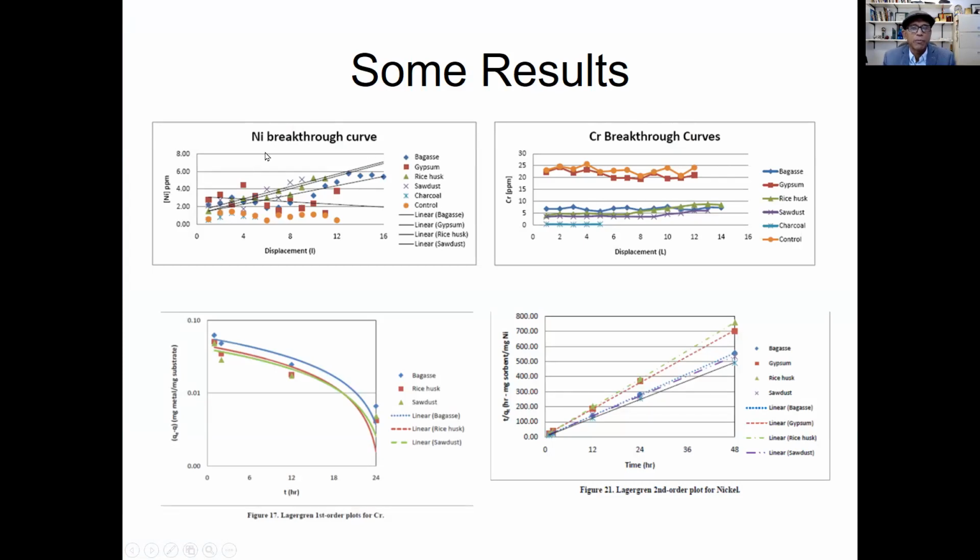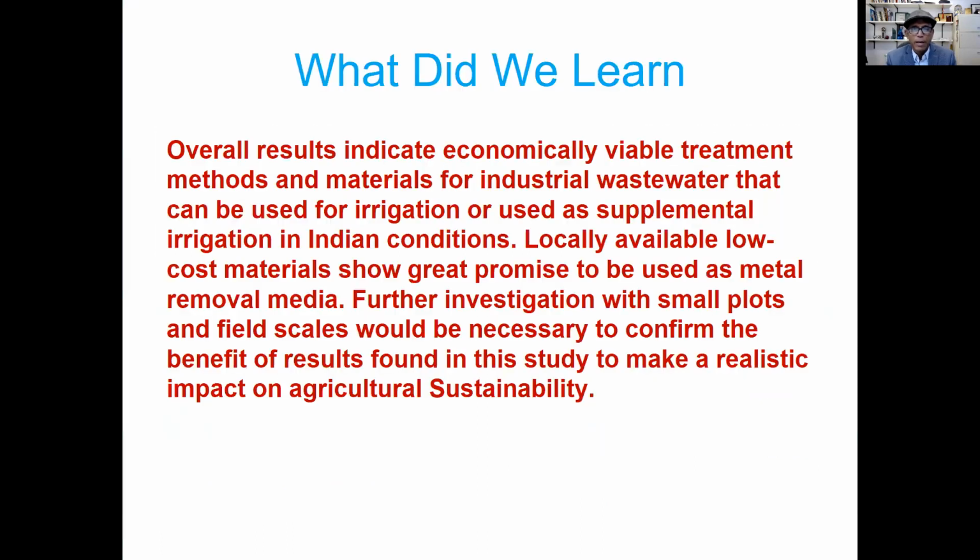I'm showing you an example of nickel and chromium. These are the breakthrough curves. They show you how much is displaced versus the concentration of each of these chemicals. And these results help us define the parameters for designing the filter: the materials, the depth, the flow rate, the retention capacity, all those kinds of things we have developed.